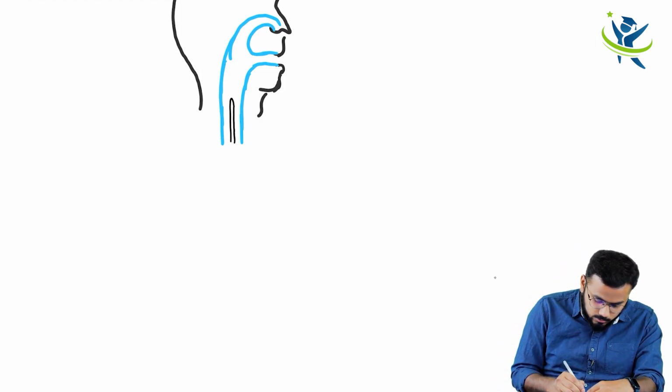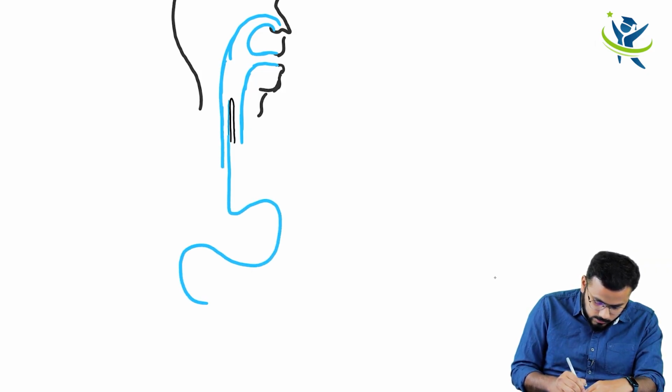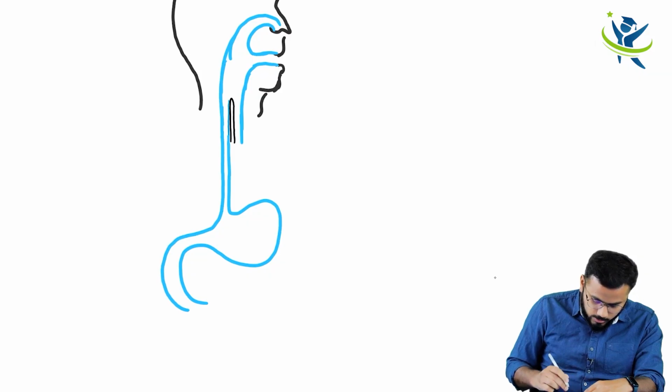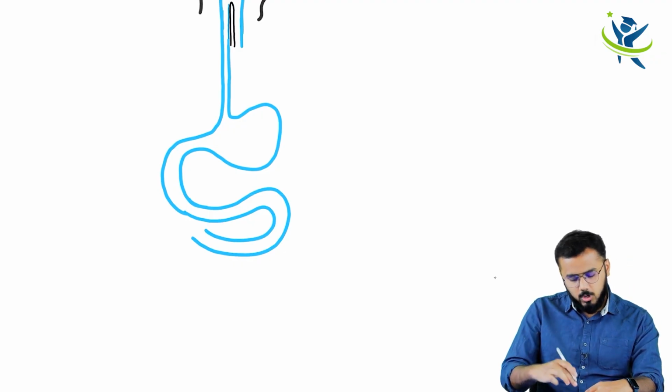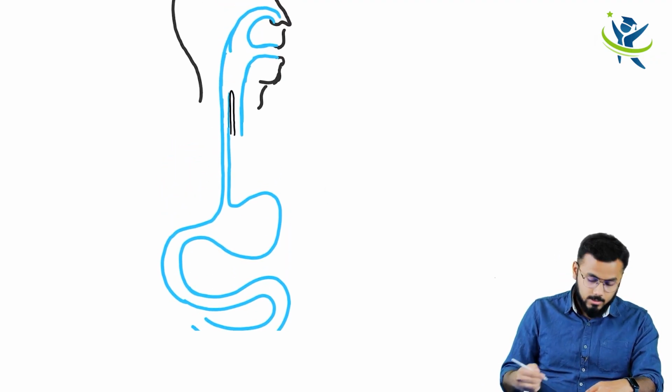The posterior part goes down all the way and ends up having your stomach, and obviously you have your intestine all the way like this. Anyways, I'm not going into that deeper.